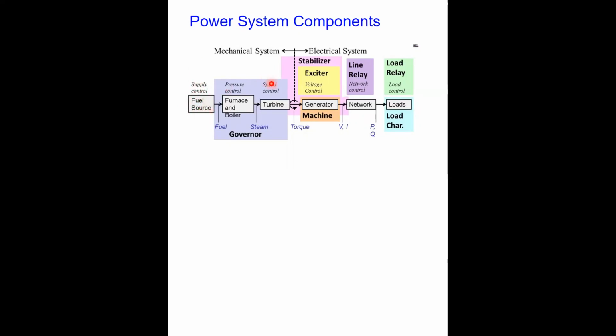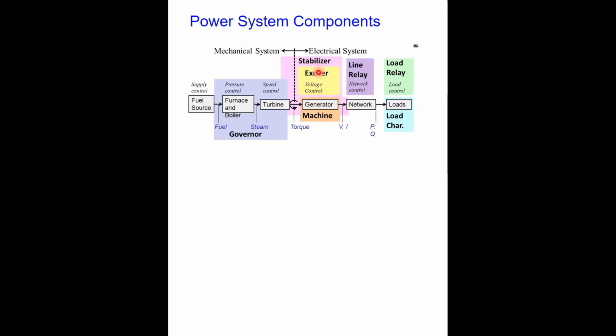Now, these are the components which you refer to as a mechanical system, and on this side you have the electrical system. In respect to the generator, we have voltage control, and for that you have an exciter as well as the stabilizer, to damp out the low frequency power oscillations.